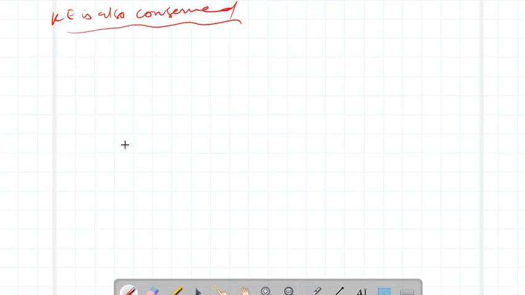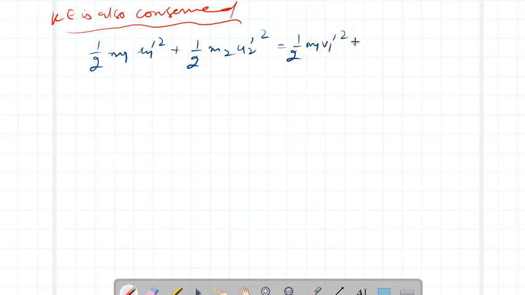If I keep this in mind, I can write down that half m1 u1' square, because here it is a square, so no need to take vector, because a vector square converts the vector into a scalar quantity, plus half m2 u2' square is equal to half m1 v1' square plus half m2 v2' square.